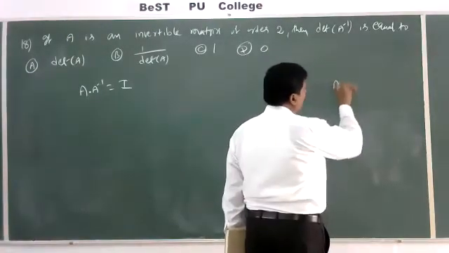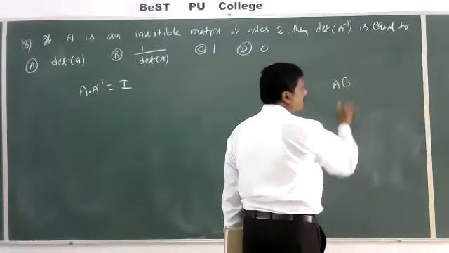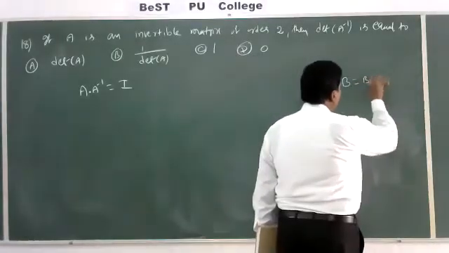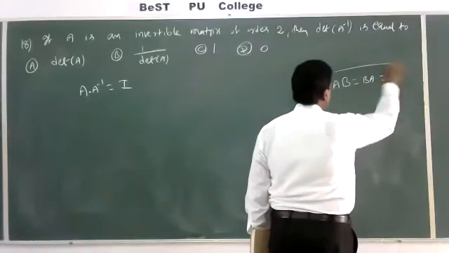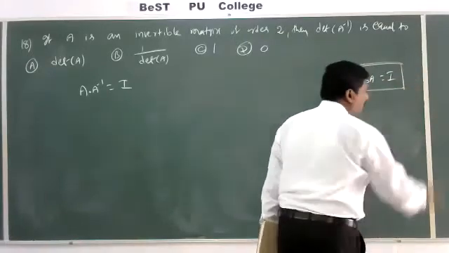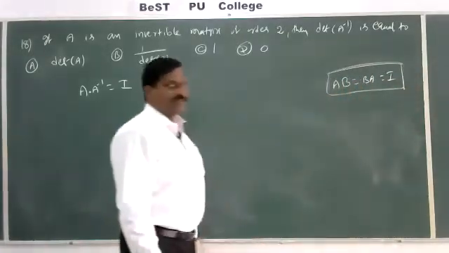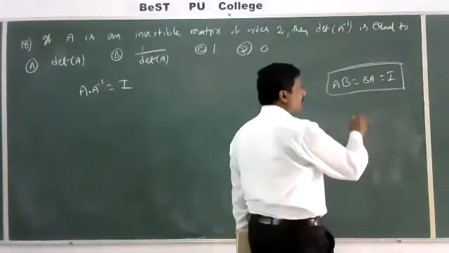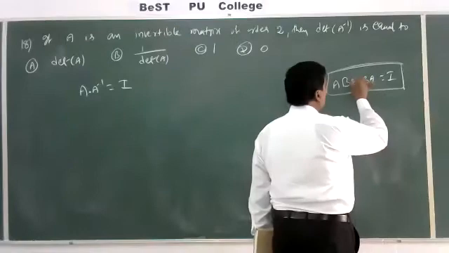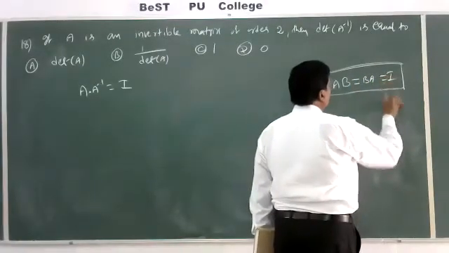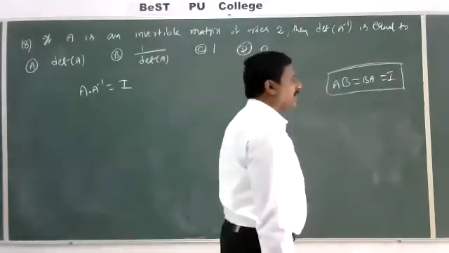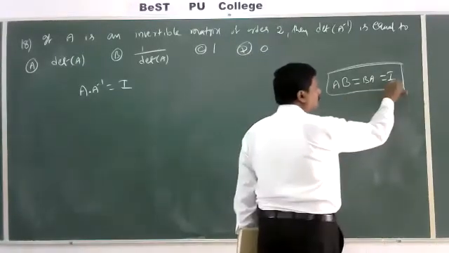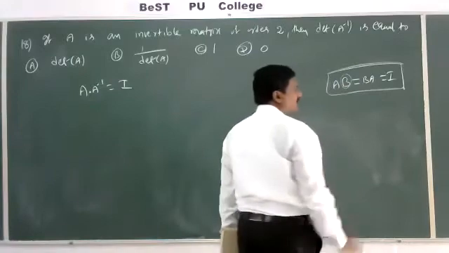If A is an invertible matrix, there exists another matrix B of the same order as A such that AB equal to BA equal to I. Yesterday I discussed this point. Then B is known as the inverse of A.